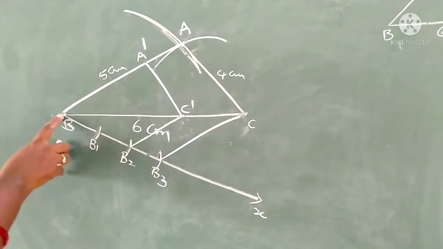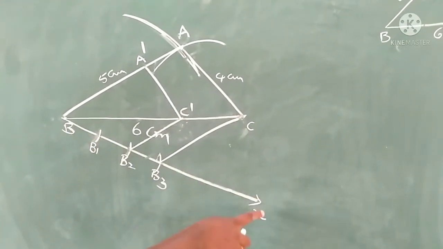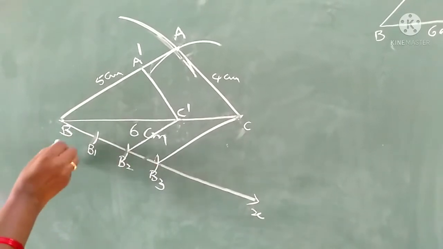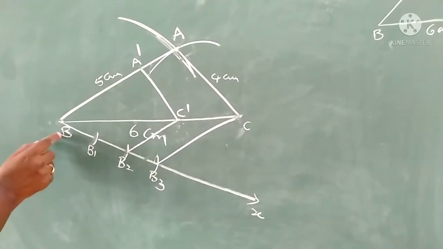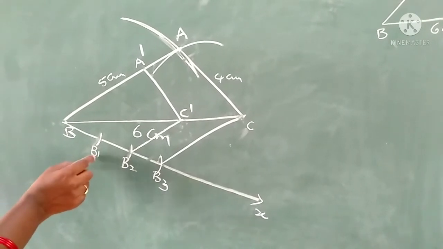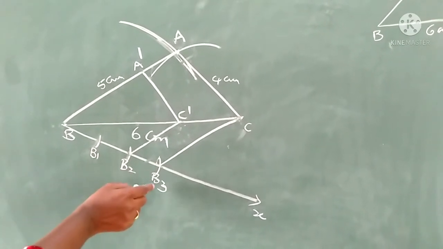Next we draw the BX ray and locate 3 points on it, with B1 equal to B1B2 equal to B2B3.